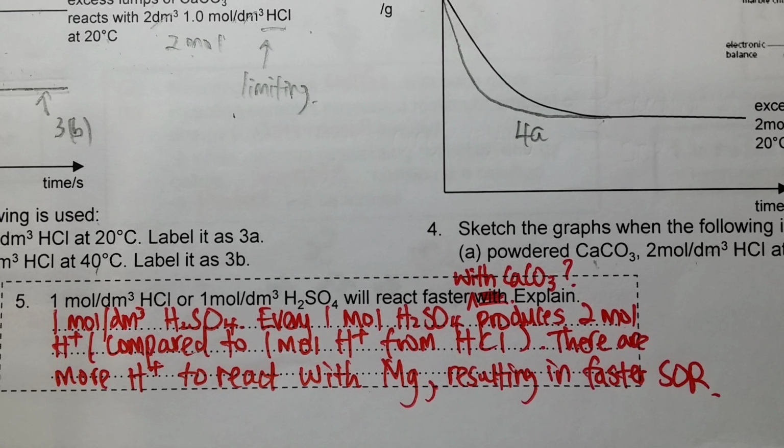Okay, so it depends on the amount of hydrogen ion. H2SO4 is a dibasic. HCl is a monobasic.